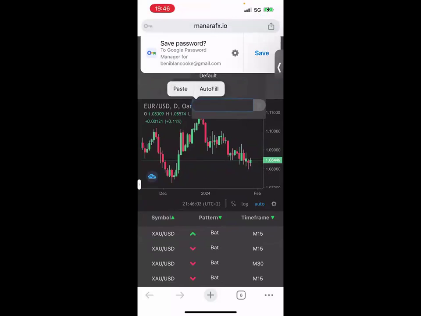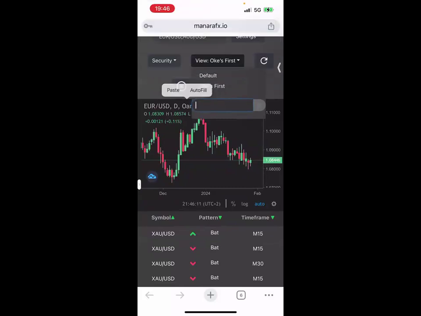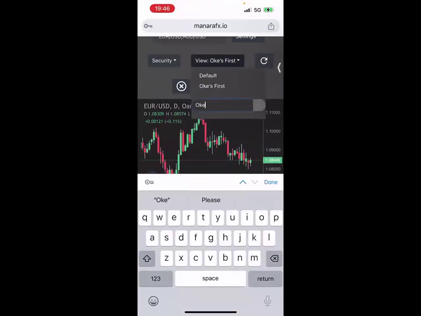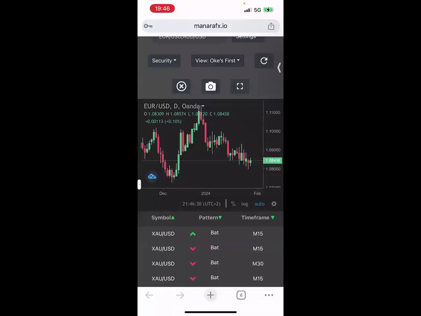So type, amazing. So you want to click the plus sign beside it so that it saves. Amazing. How easy is that?